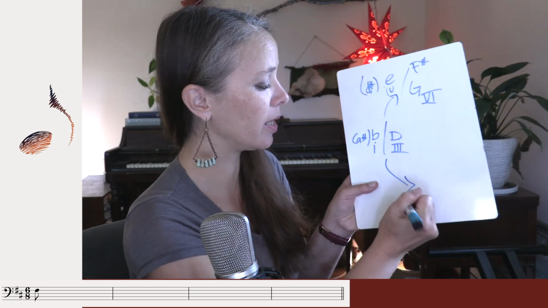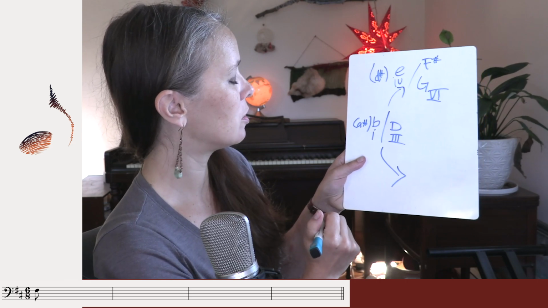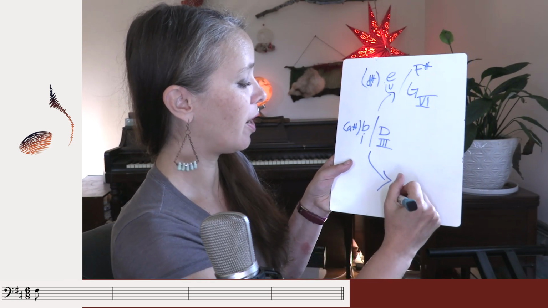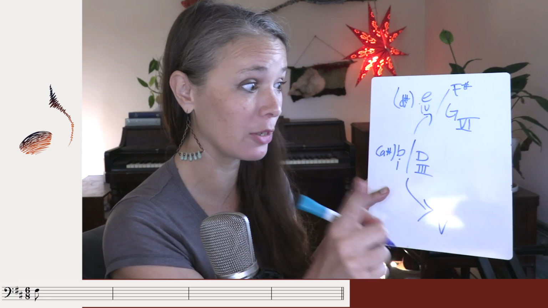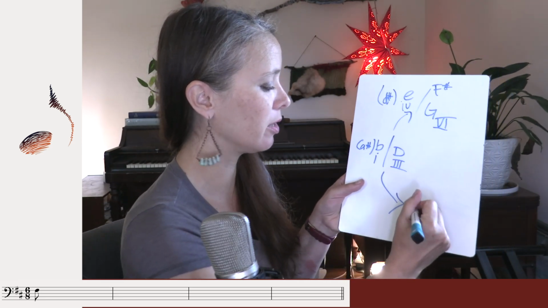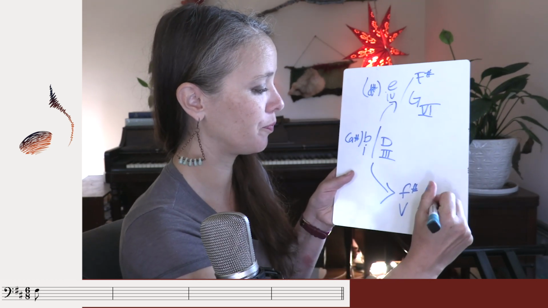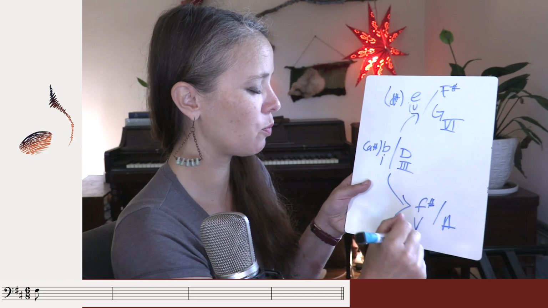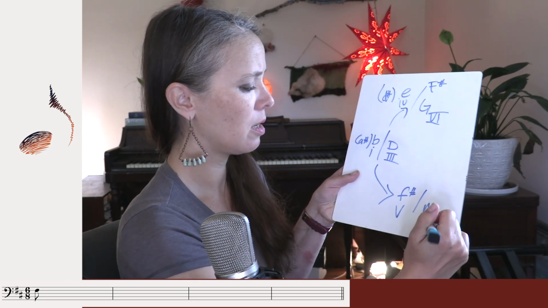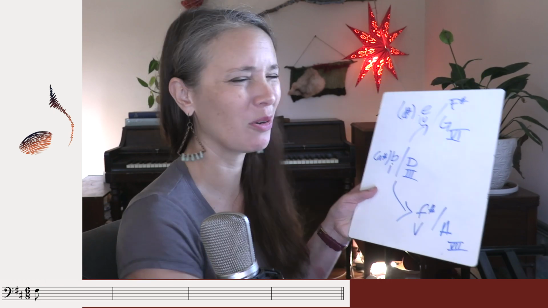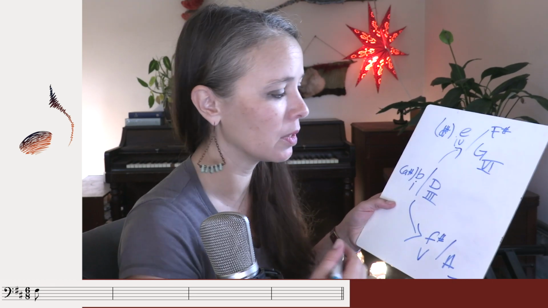If we go up 1 in the circle of fifths, hopefully you can see all of this, we will get to your 5 chord, which is going to be minor 5. Because again, natural minor, so that would be F sharp minor or A major. A major is a bit more rare because that is the major 7 chord. And it's just kind of a bit awkward. It's not used very often to go from the minor 1 to the major 7.